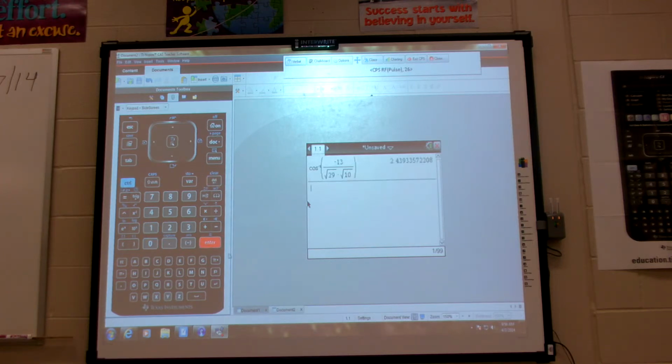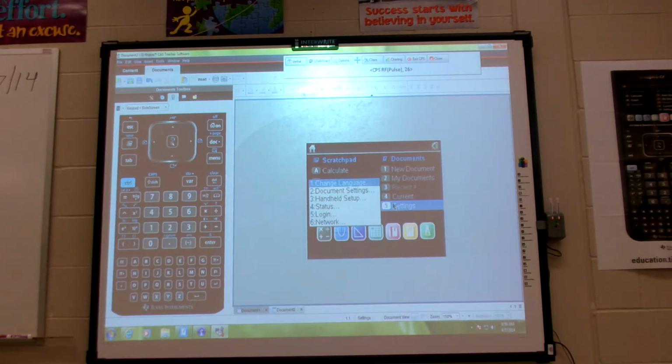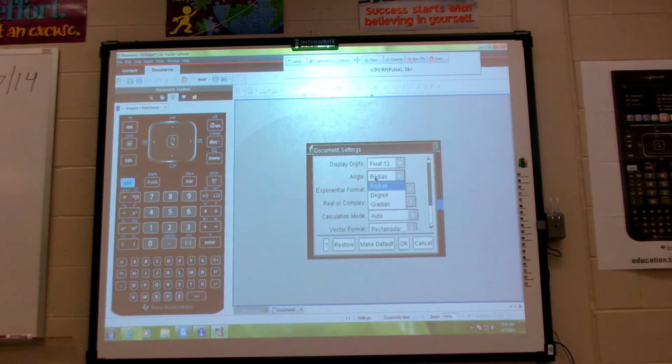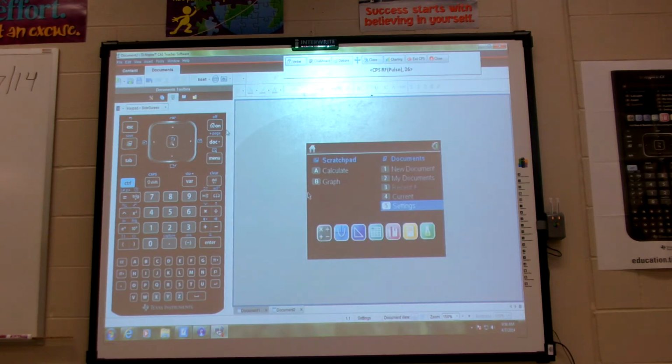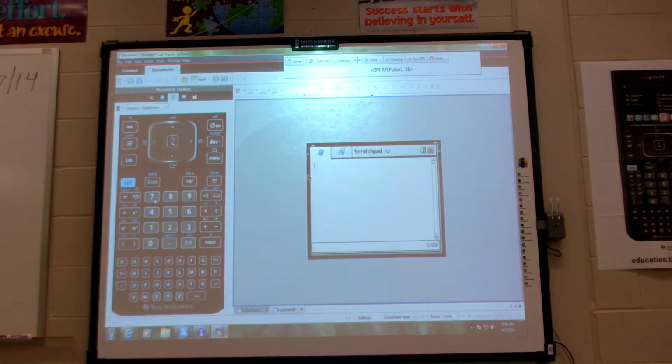Control, enter. Oh, I bet I'm in the wrong mode. I need to get that. Degrees, make default, okay. I better type that whole thing in again. Undo. Cosine inverse, control divide, negative 13, go down.